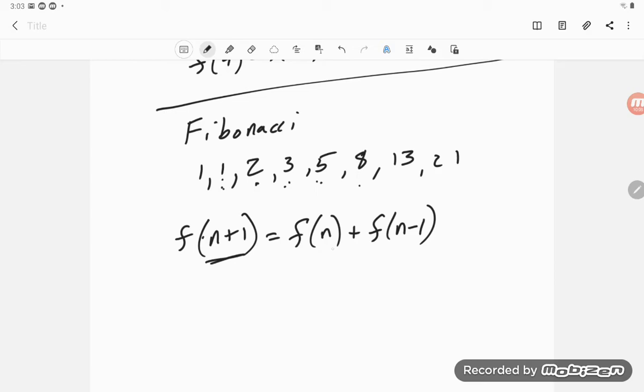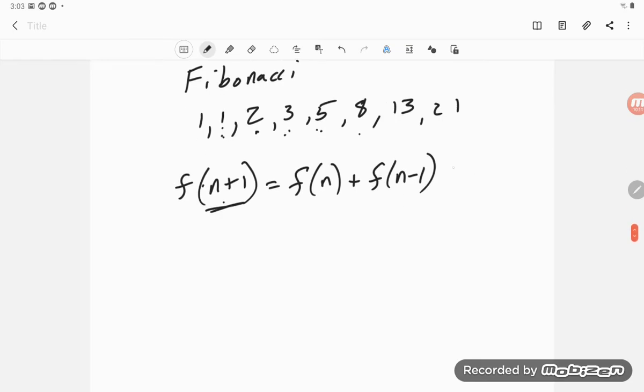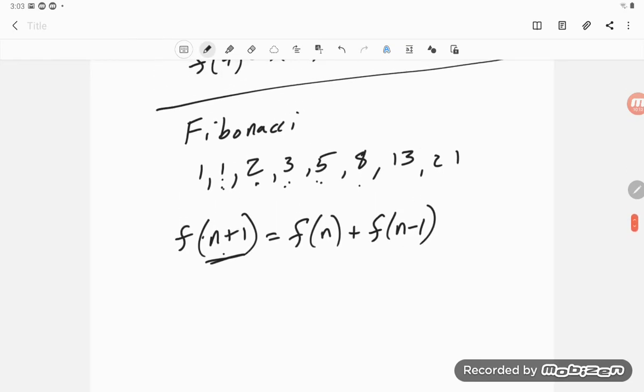That's how I read the indexes, the n plus 1, the n, and the n minus 1. And so then, to get this started, I need to tell you that, and in this case, I might actually use 0, 1, 2, 3 for whatever reason. You know, I might start at 0 and then 1. So I might tell you that f of 0 is 1 and f of 1 is 1.